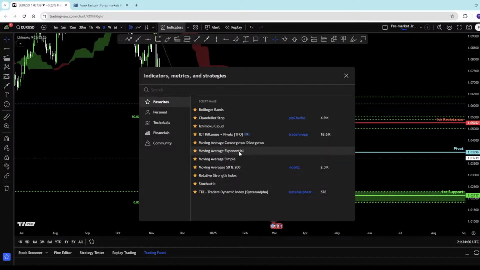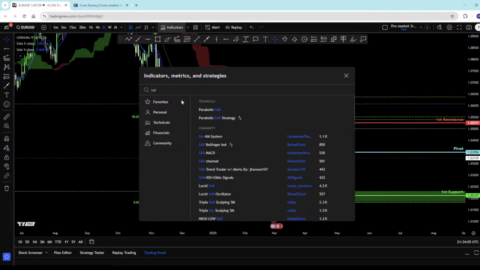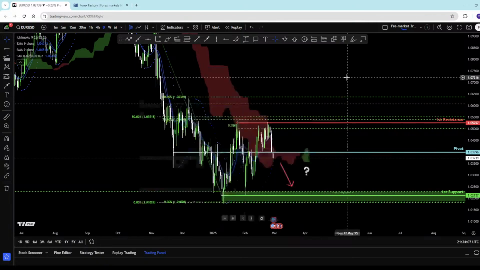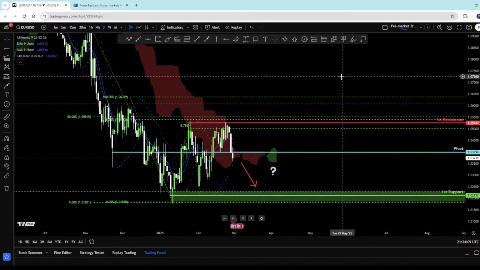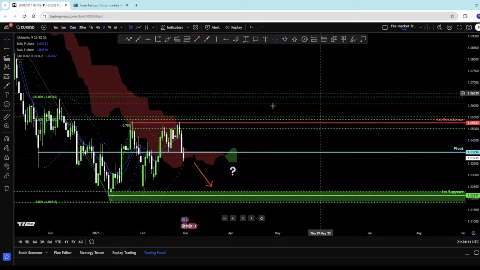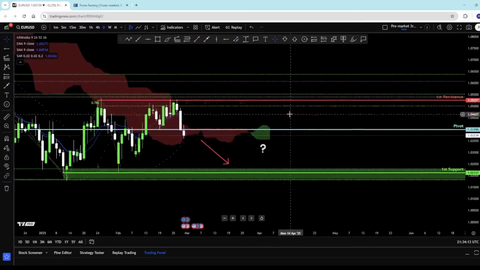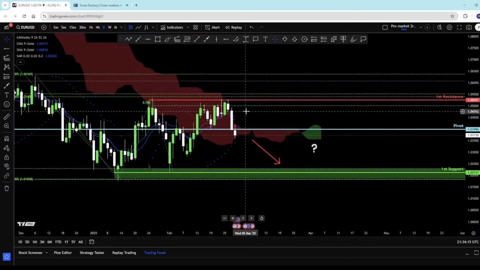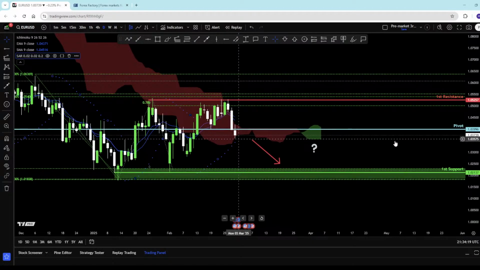Okay, let's look at EMA, SMA, and SAR again. You see prices moving below the EMA and SMA indicators, but not below the parabolic SAR, so I'm going to remove that.